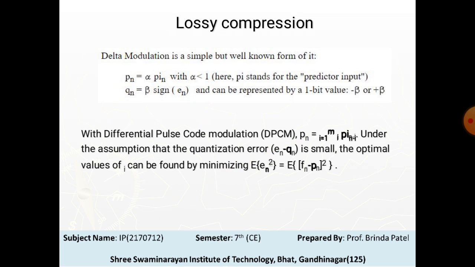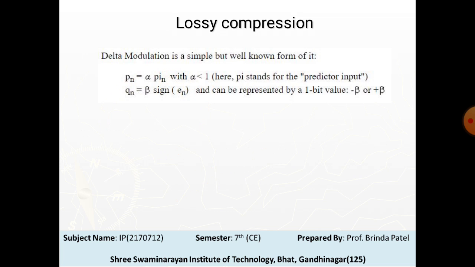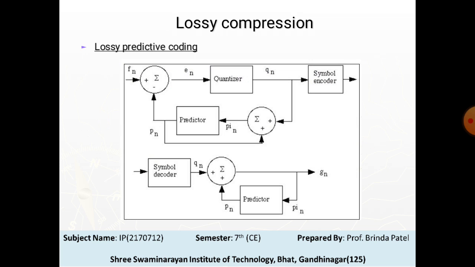The disadvantages are so-called slope overload, because a big step in f_n must be broken down into smaller steps beta, and granular noise, because the step of plus or minus beta can be made repeatedly.